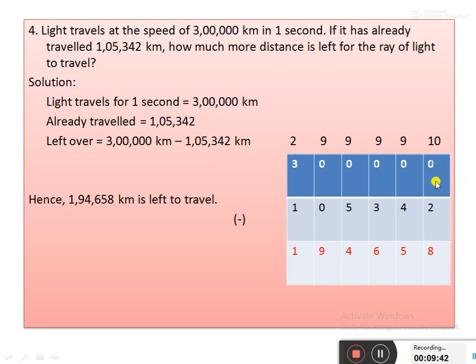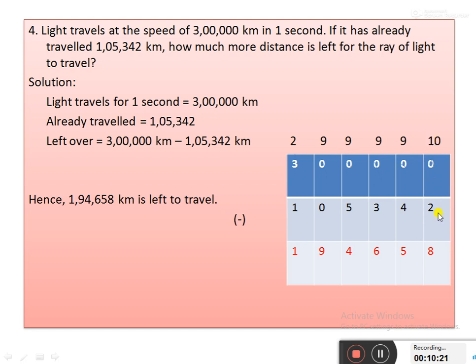Here 0 is here. 2 from 0 we cannot do the subtraction because 0 is the smaller number. If we want to borrow, nothing is here. So where is a number? Here, the lakhs place number is 3. So from the lakhs place we can borrow 1. We borrow from the lakhs place to the 10,000 place, from the 10,000 place to the thousands place, from the thousands place to the hundreds place, and from the hundreds place to the tens place. From the tens place we borrow 1 ten. So here 0 will become 10, and this 10 will become 9.